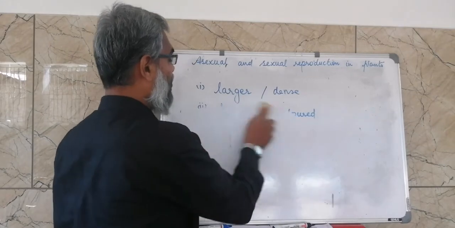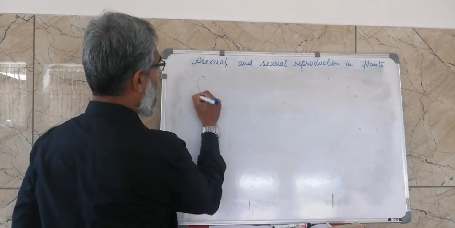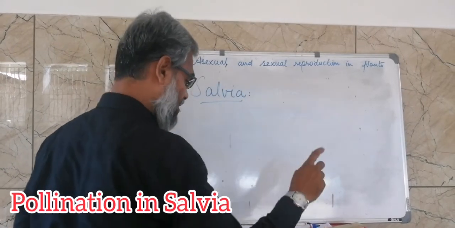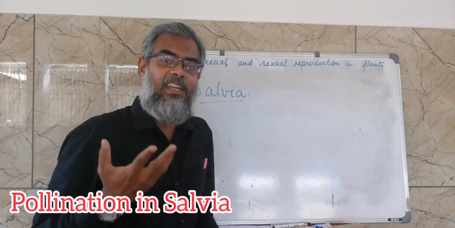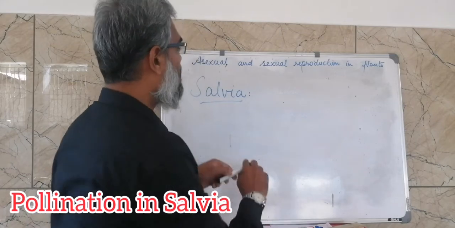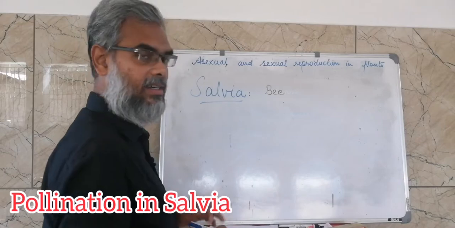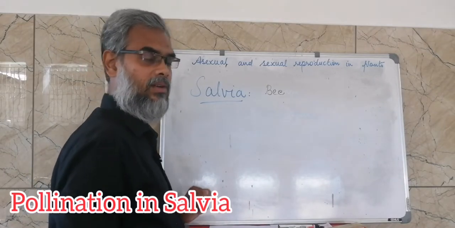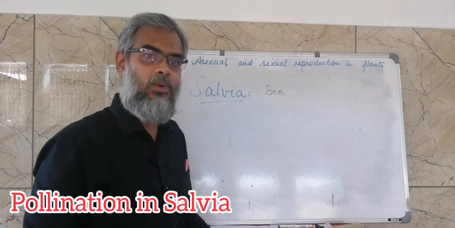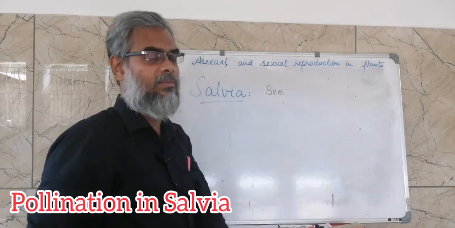Let's see how this entomophily occurs in a plant called Salvia. My dear students, it's a very nice mechanism taking place in Salvia. It is a bee-pollinated flower. In Salvia there is a lever mechanism. A lever, you know, somewhat like when you press somewhere, the other side comes up, isn't it?